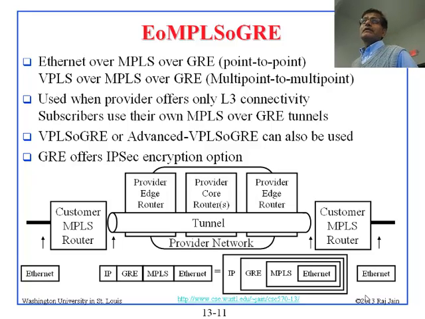Sometimes they give dual stacks. But if that is not possible, you have to send IPv6 over a tunnel of IPv4. Then you will use GRE to send it over IPv4.